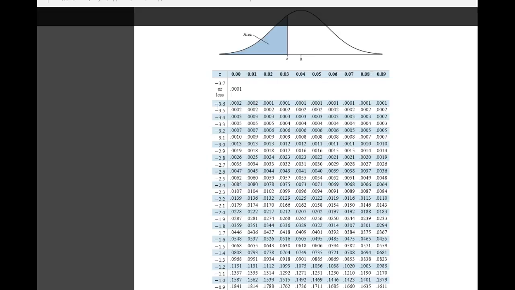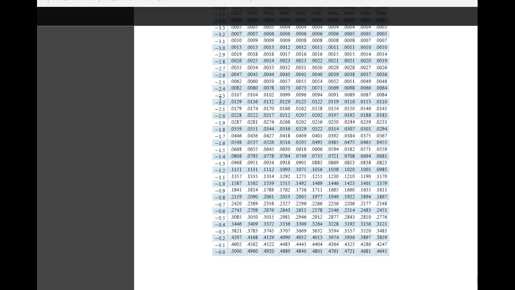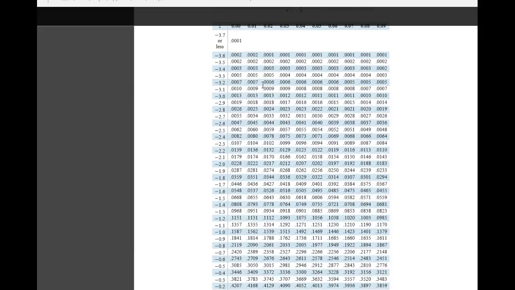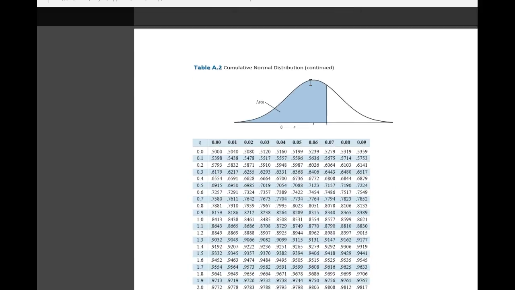And so when we're looking through this, you'll notice that there are 2 pages to the normal distribution table. There is one with the z's being negative, and then there is one with the z's being positive. So these z values are on the left side of the mean. These are on the right side of the mean.